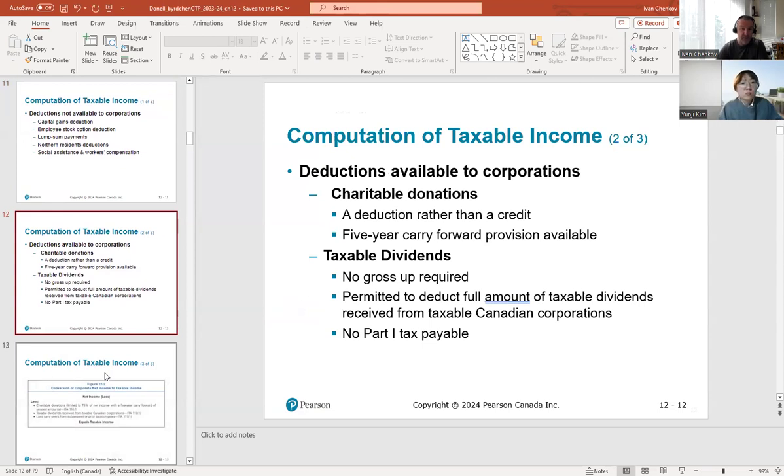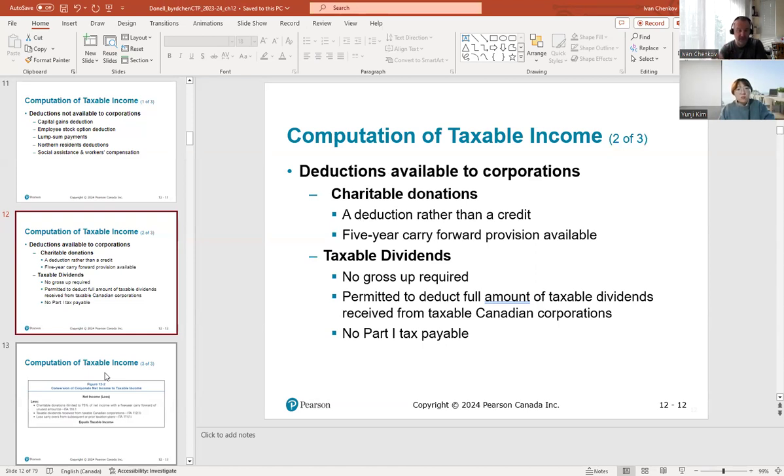The deduction available for corporations is the charitable donation, a deduction rather than a credit. Here you get a direct deduction, whereas for individuals the charitable donation comes as a non-refundable tax credit.